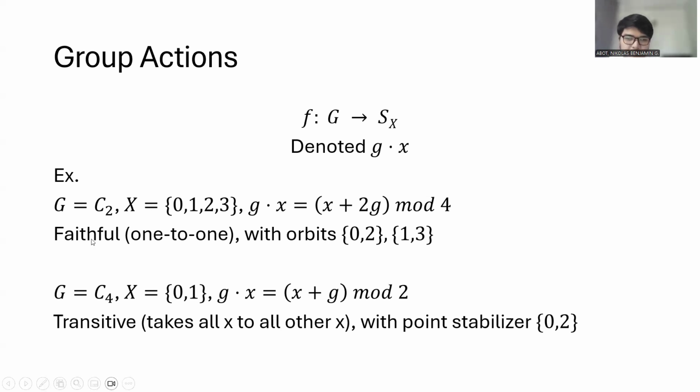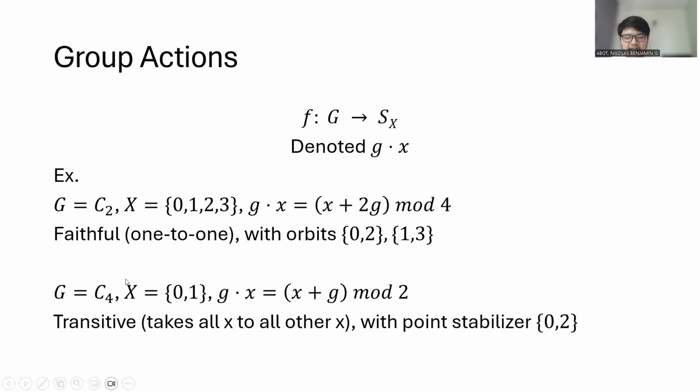We call this group action faithful because none of the group elements except for the identity correspond to the identity permutation. That is, this particular homomorphism is one-to-one. And we say that this group action has orbits {0, 2} and {1, 3} because given a particular element of the set X, for example 0, the possible images of it under the group action are 0 and 2.